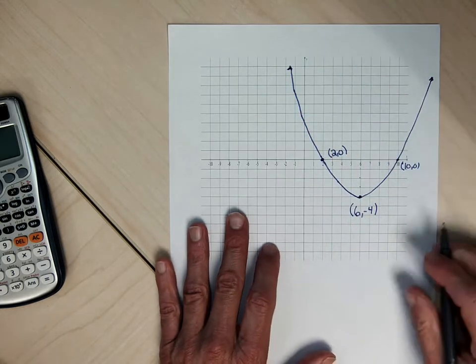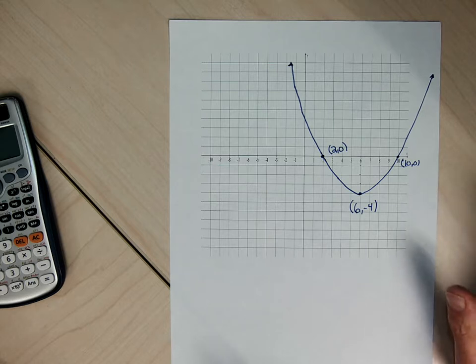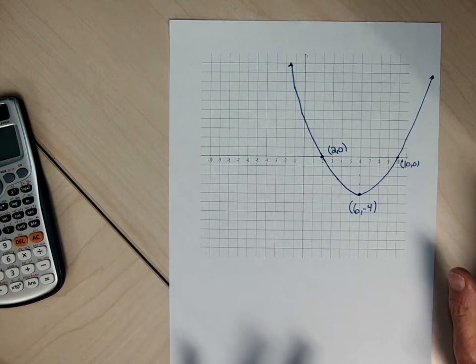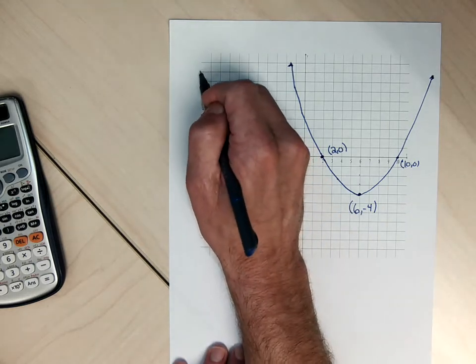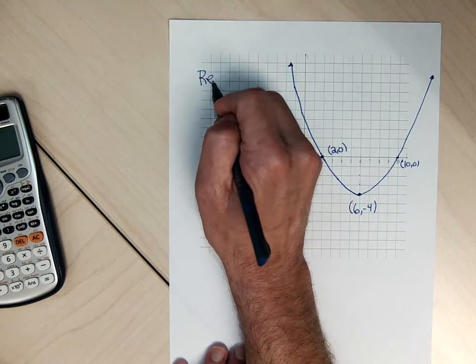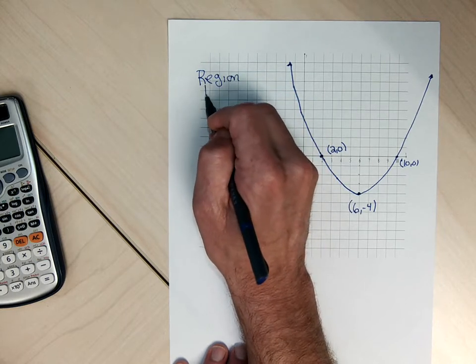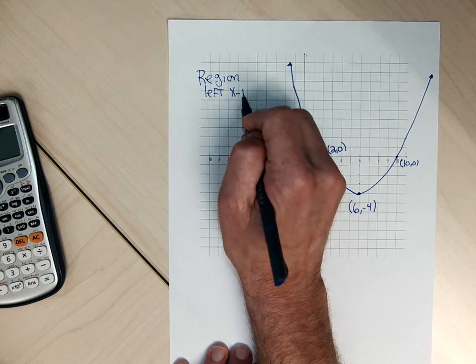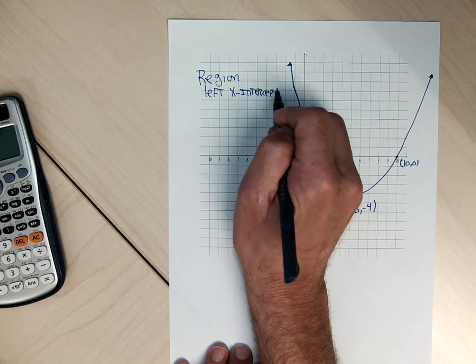We're going to need to separate the graph into regions. The regions to the left of the x-intercept, the region between the x-intercepts, and the region to the right of the x-intercept. So I'm going to describe the region to the left of the x-intercept two different ways.